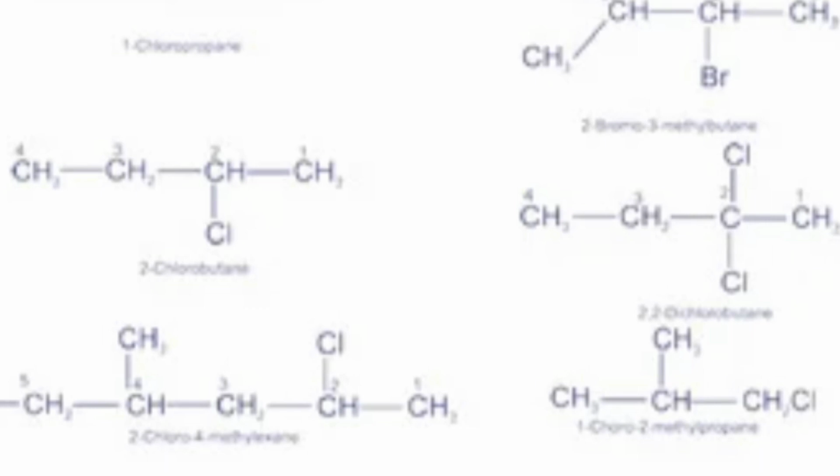But we have to first select the longest continuous chain and start the numbering from that carbon which gives the lowest possible number. In this example, as the chloro group gets the lowest position number from the right side, it becomes 1-chloropropane.